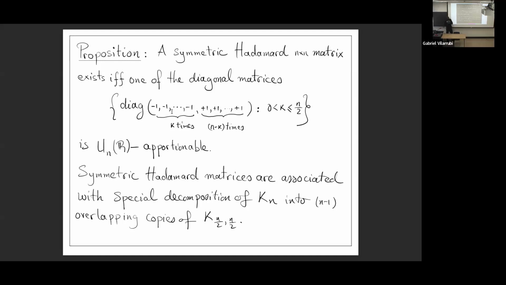If the answer is no, you add another -1 until you get to n/2. So basically, there are n/2 queries of this question that you need to ask. And after you made those queries, if the answer is no, there is no symmetric Hadamard matrix of size n. So the problem of finding a Hadamard matrix is a special case of the apportionment problem.